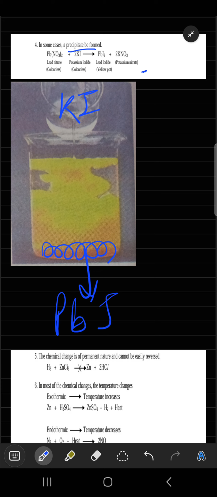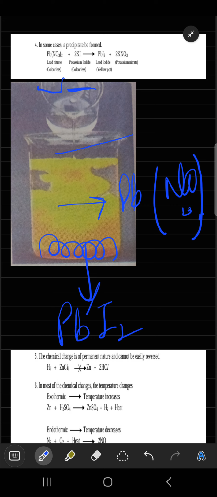For example, when lead nitrate reacts with potassium iodide, what we get is a yellow precipitate settled at the bottom, and this is due to the formation of lead iodide.